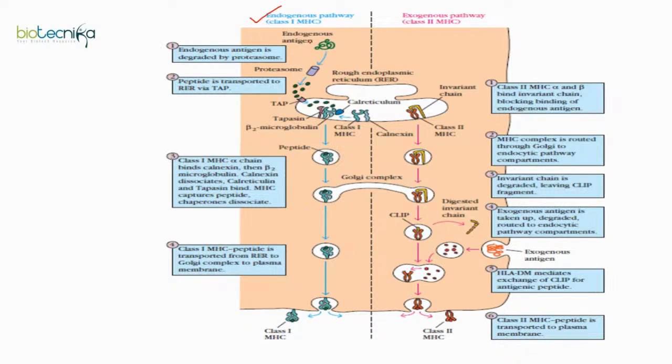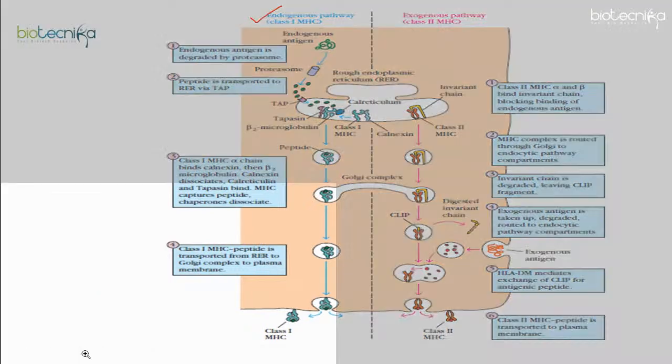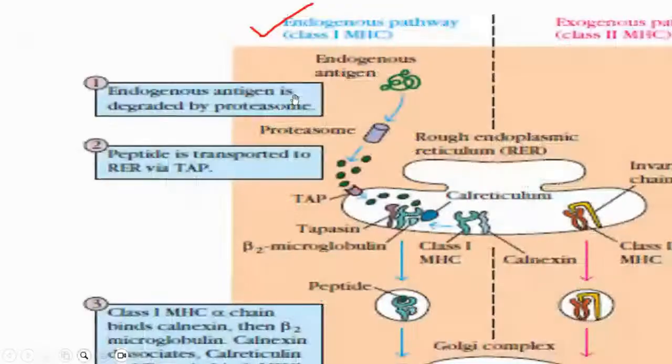All right. So class 1 MHC, if you see, you have this endogenous antigen. One minute, let me see if I can zoom this for your convenience. So endogenous antigen means present within the cell. First thing that happens is this antigen gets degraded.